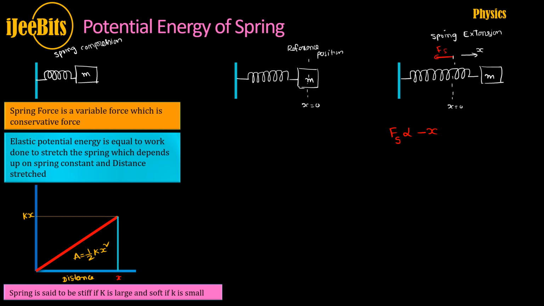We are here considering a spring force, right? A spring force is basically elastic potential energy because it stores the potential energy. So the force is directly proportional to the displacement, and hence Fs equals minus k into x. k means the spring constant.